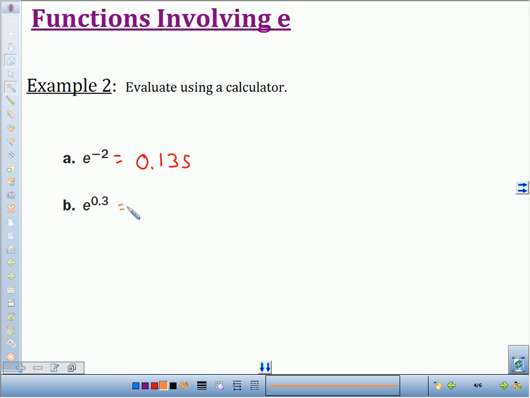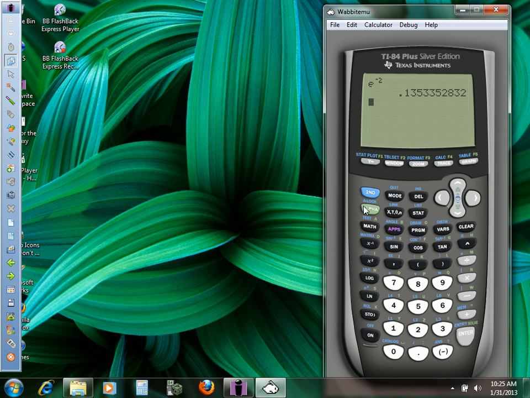E to the 0.3, again, we do the same thing. We do second ln for e to the x, and we can plug in our exponent here. In this case, it's 0.3.